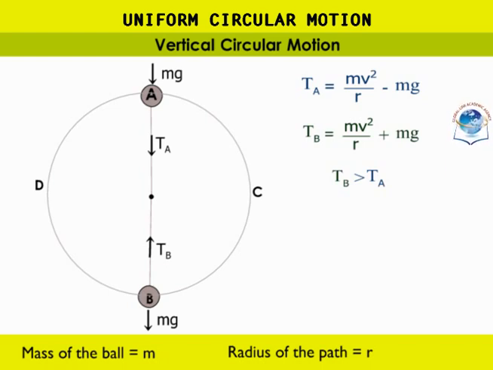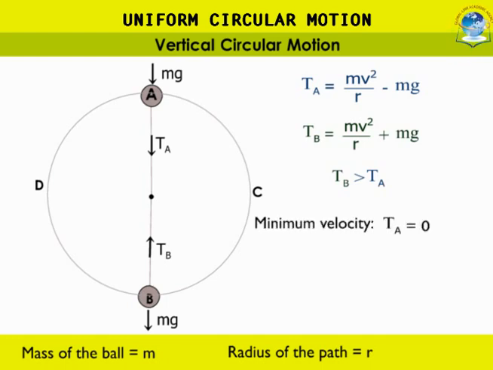It is at this position that a certain minimum speed must be maintained in order to keep the string taut. For minimum velocity, Ta is equal to 0. And therefore, mv squared over r minimum minus mg is equal to 0, and therefore, v minimum is equal to the square root of rg.